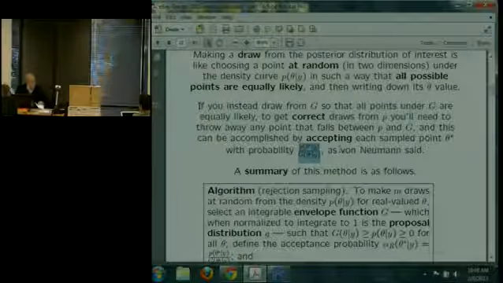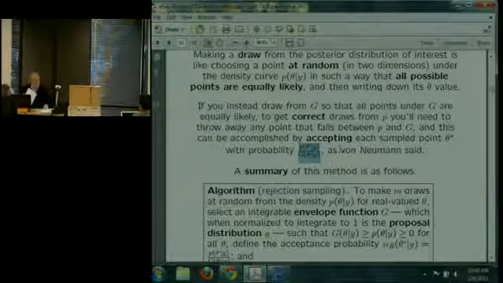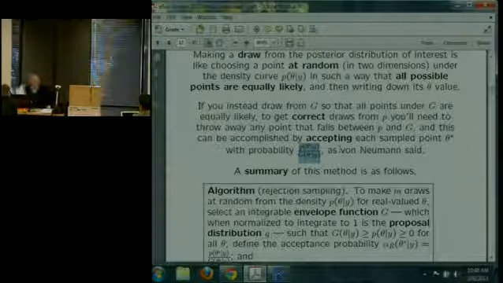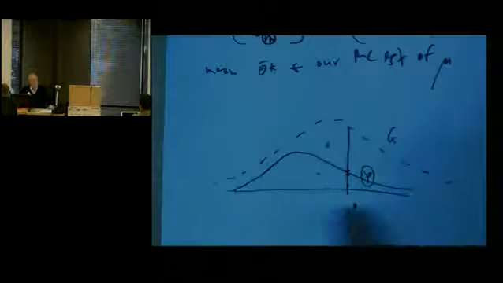And the reason it works is the story I told a little while ago. This corresponds to the process of choosing a point at random in a 2-dimensional fashion underneath capital G, and then looking to see what its theta coordinate was, and then also looking to see whether that point lands above or below the target.